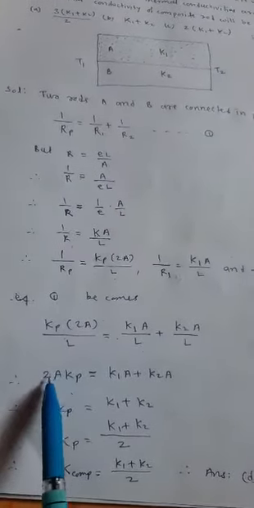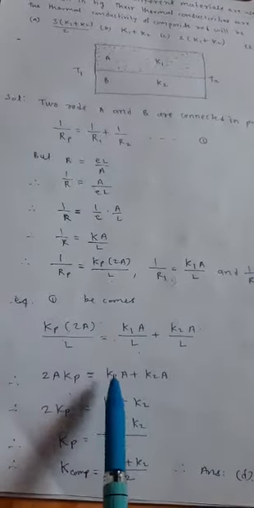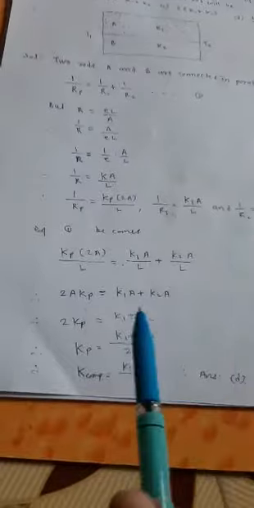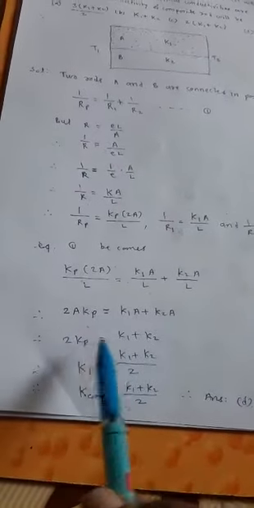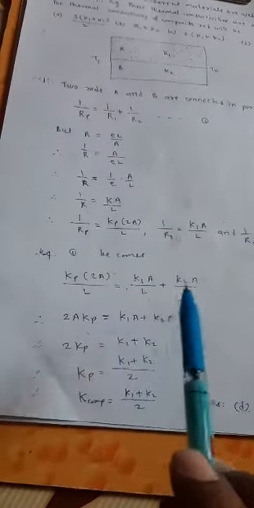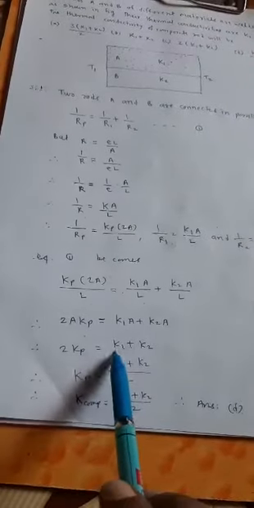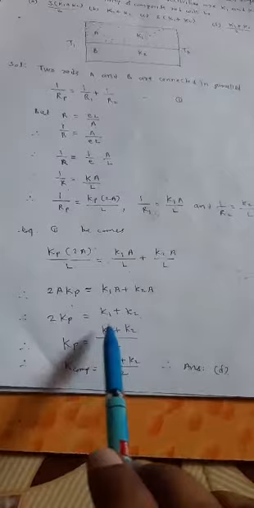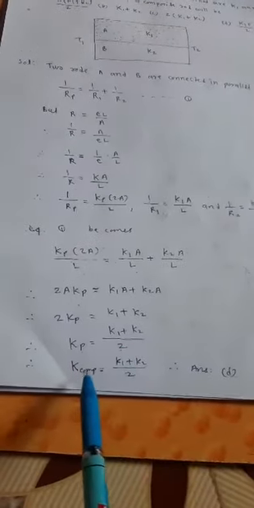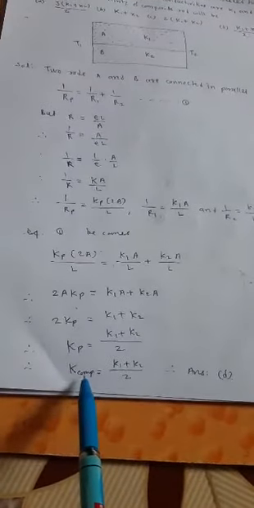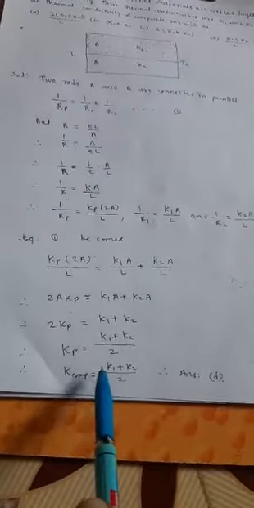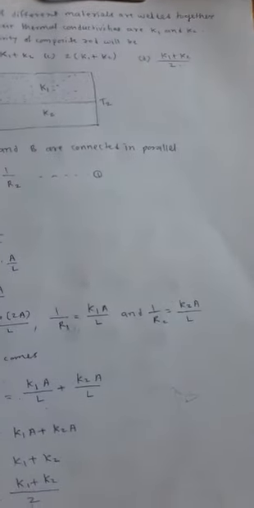We get the expression 2A Kp is equal to K1A plus K2A. Dividing on both sides by A, A will get cancelled. 2Kp is equal to K1 plus K2. Therefore, Kp is equal to K1 plus K2 divided by 2. Therefore, K of the composite slab or K equivalent is equal to K1 plus K2 divided by 2, which is given in option number D.